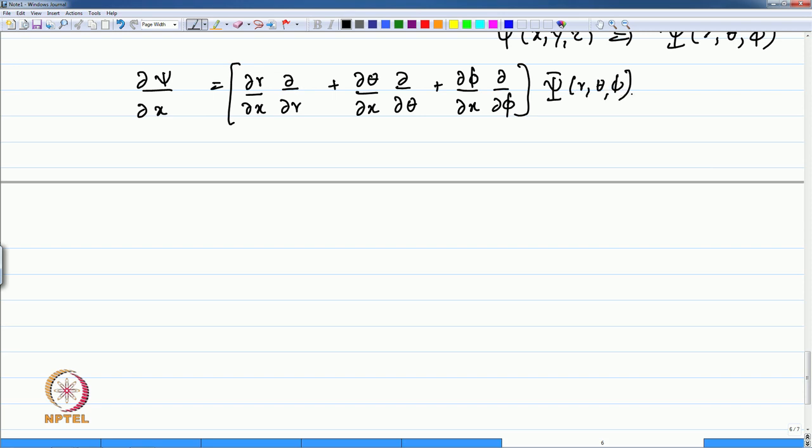So, this is the transformation of the derivative form of the Cartesian coordinate into the corresponding polar coordinates.